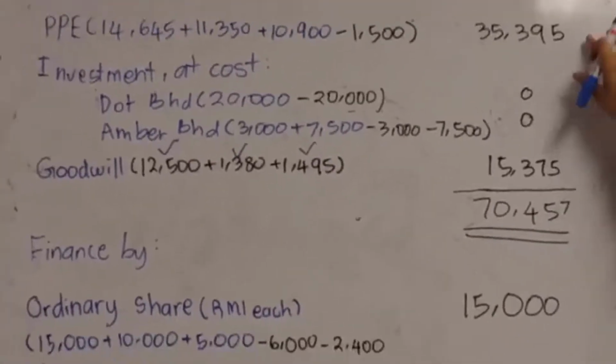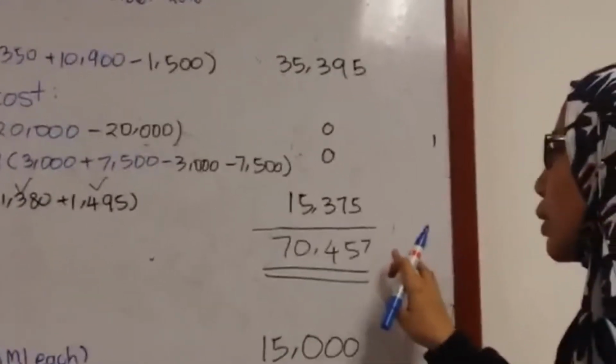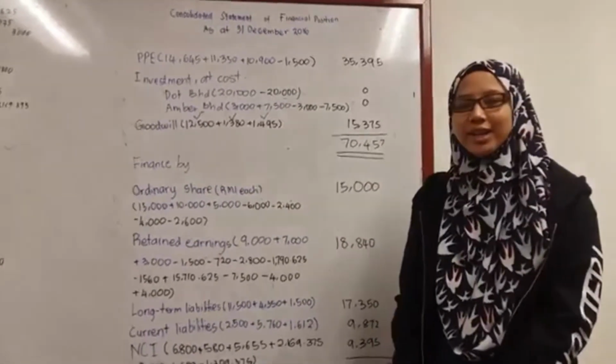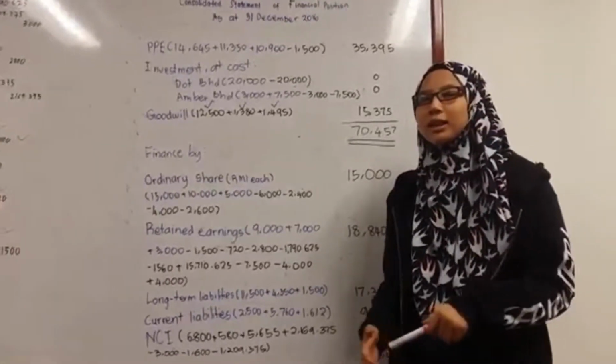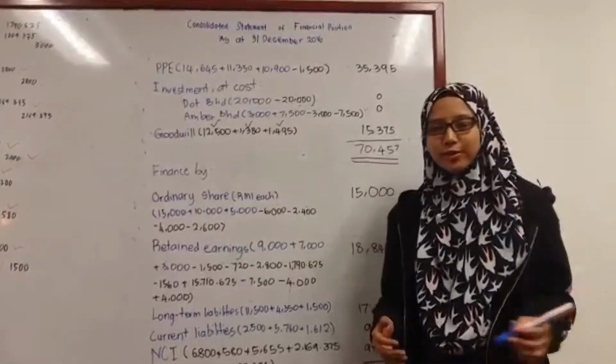So after that we calculate the total amount and we get the total asset of 70,457.